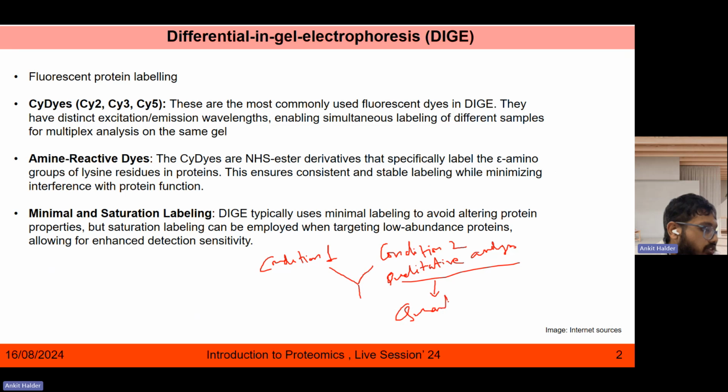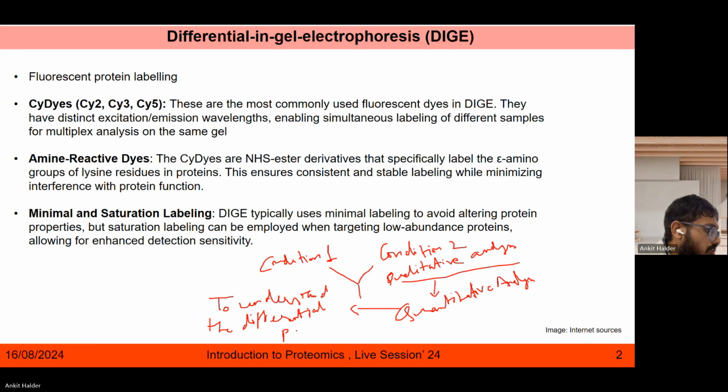So what is the meaning of quantitative analysis? Quantitative analysis is something that we can quantify to understand the differential pattern. This is quite important. If we want to compare condition 1 versus condition 2, we want to have their differential pattern of expression.